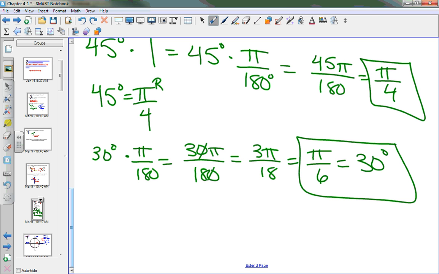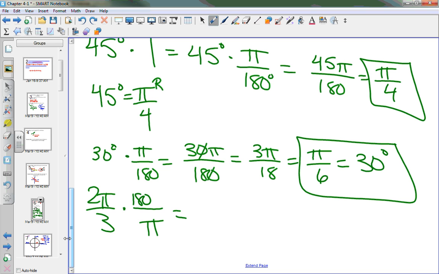Now, let's say I give you 2 pi over 3, and I want to know what degree 2 pi over 3 represents. So how do I put this into a degree now? Well, what do I want to cancel out? I want to cancel out the pi, so the pi goes to the bottom, and what goes on top? The 180.